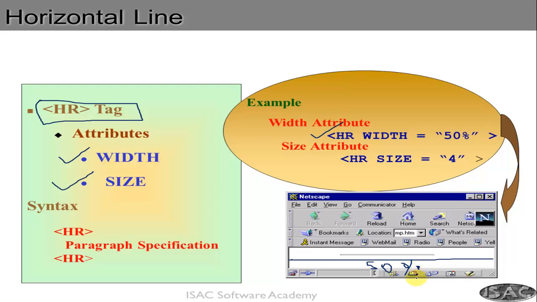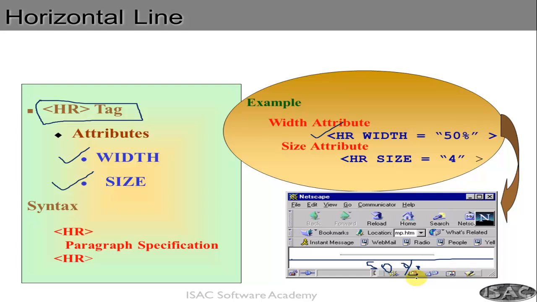Okay, so this is the way it works. Now I can give 50% width and size as 4, then it will be a thickness of 4 and length 50% of the width of your page. So that is the way you can create a horizontal line.